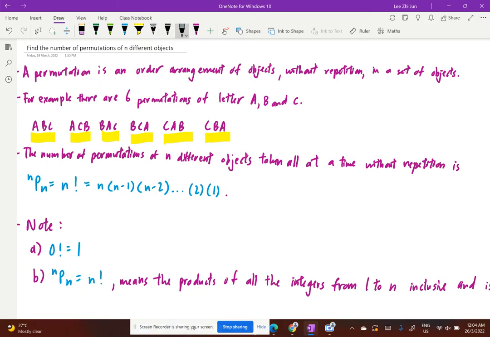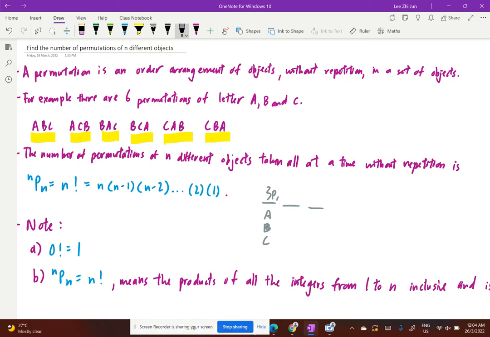The number of ways to arrange ABC in a row: I can arrange like ABC. In the first column I have three letters, A, B, C. I can choose any one letter, so 3, or 3P1.